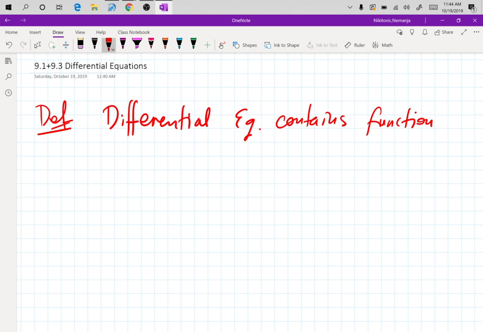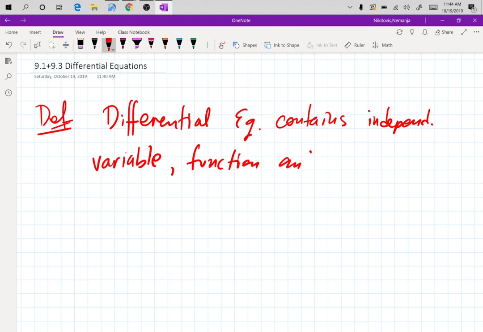Let's start with the independent variable first. So it contains, kind of like implicit differentiation, an independent variable, yes, a function and its derivatives.